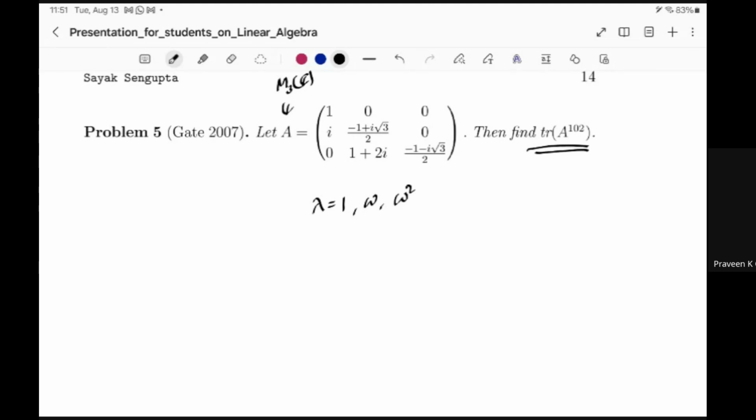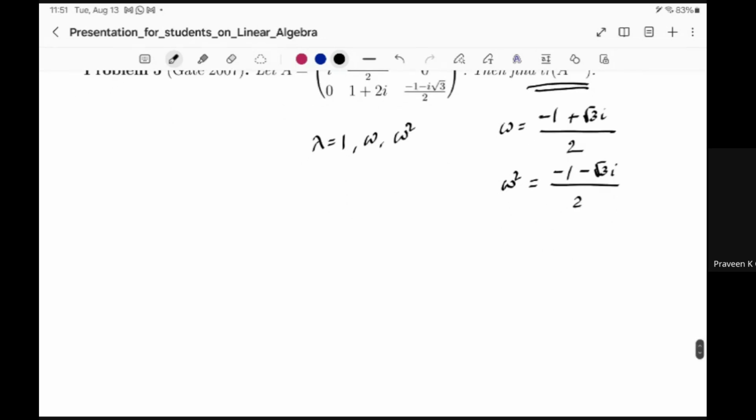What are this omega and omega squared? These are the primitive roots of unity. So for example, you can take omega to be equal to (-1 plus √3 times i) over 2, and then omega squared is going to be (-1 minus √3 times i) over 2. There are some properties that this omega satisfies.